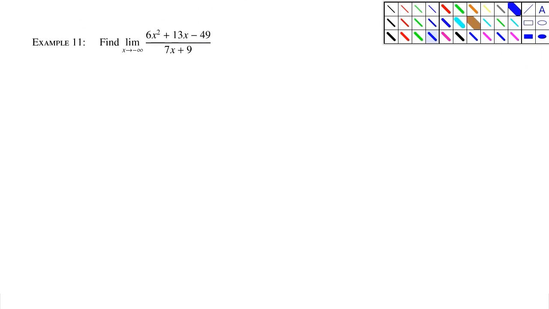Example number 11. Find the limit as x goes to negative infinity of 6x squared plus 13x minus 49 over 7x plus 9. So we again look for the highest power term in the denominator. It's just x to the first. So we're going to divide by x. We ignore the 7. So write out the problem.